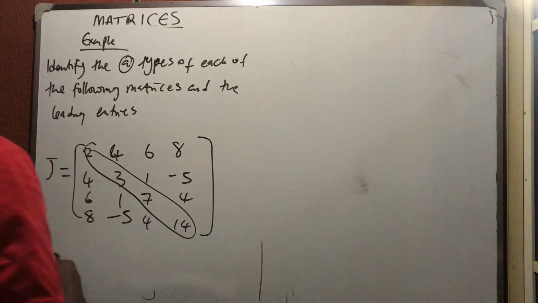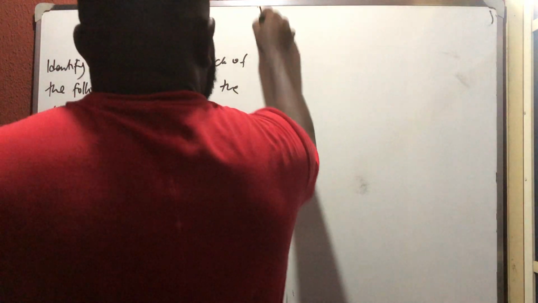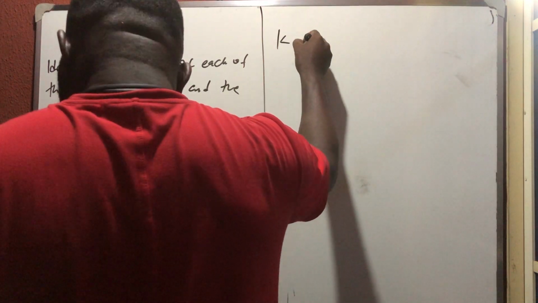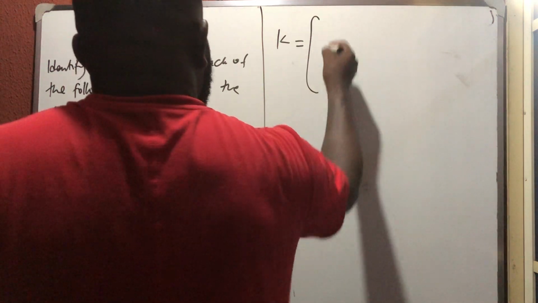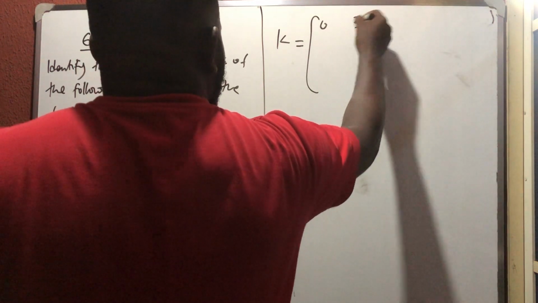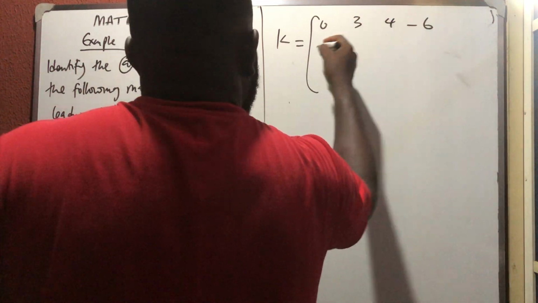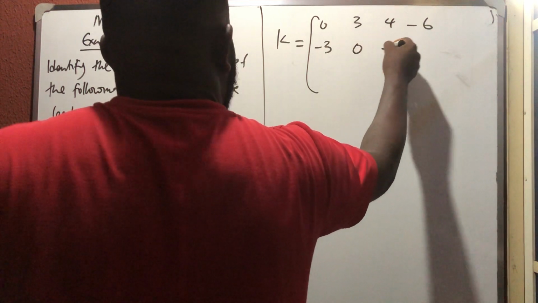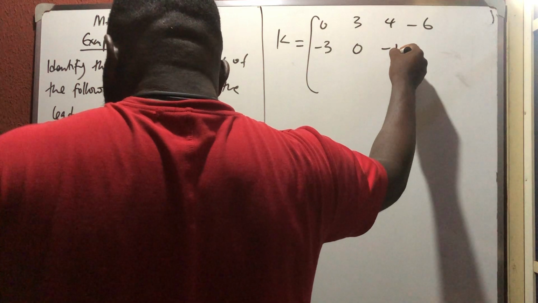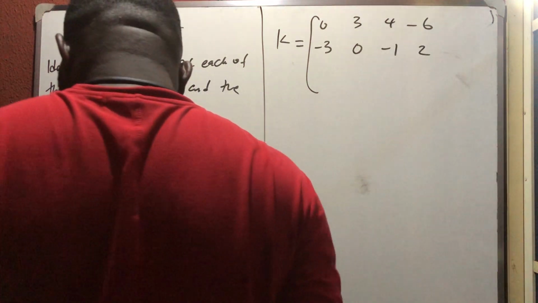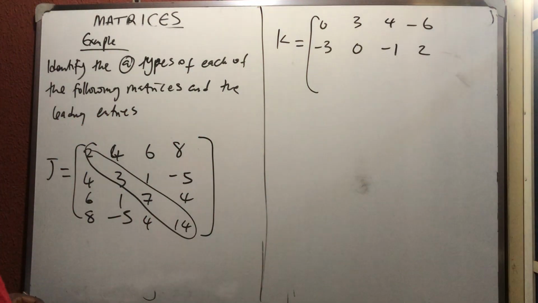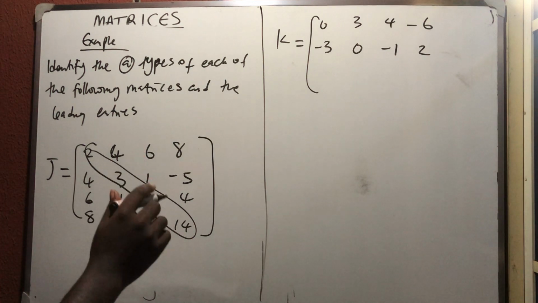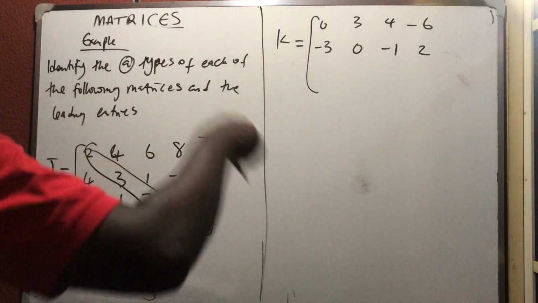So the last but not the least is K. We have that K is equal to 0, 3, 4, minus 6, minus 3, 0, minus 1, 2. And don't forget, in a skew matrix, please, I forgot: the diagonal must be 0.